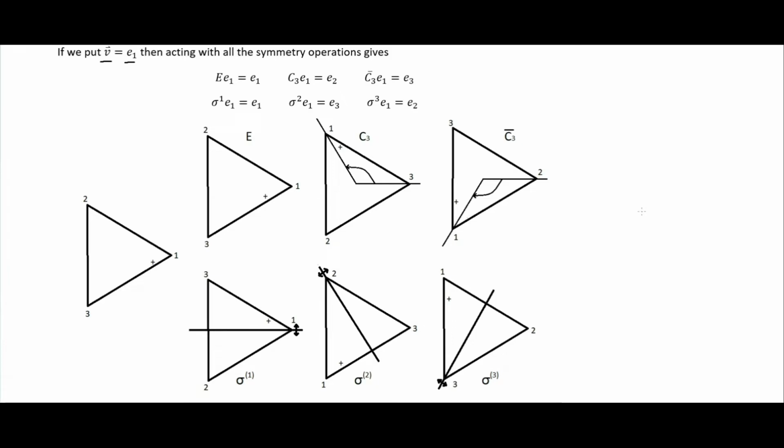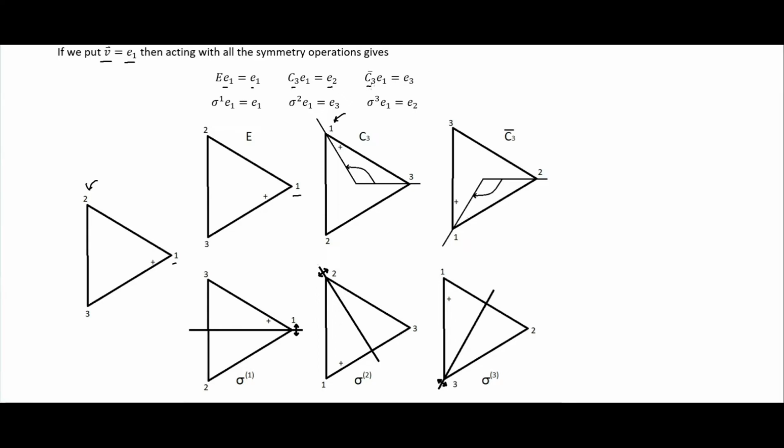And so what I'm doing here essentially is I take the identity acting on E1 and that gives us E1. So we have our E1 here and when we act E on it, we end up with that. But if we act our C3 on it, then E1 ends up here, which is in the E2 position, and so it becomes E2.